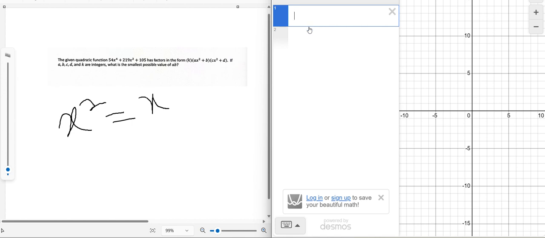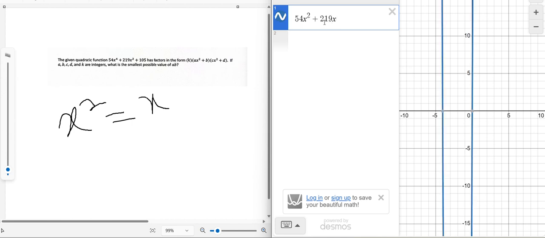And then which of the factors will give the smallest possible value of ab? So first of all, we'll take out the factors. Okay, so what we'll do here is 54x square, because we have considered x square as x, so x to the power 4 will be x square, plus 219x plus 105.